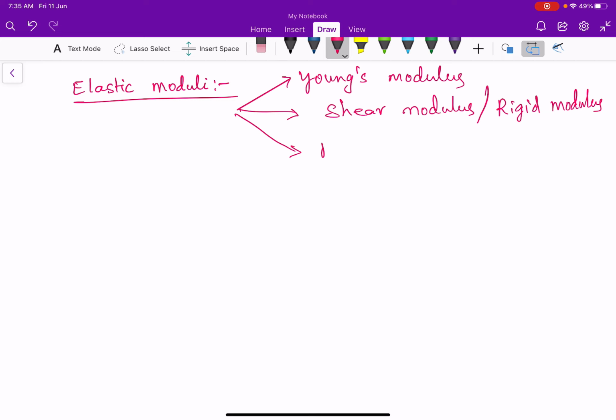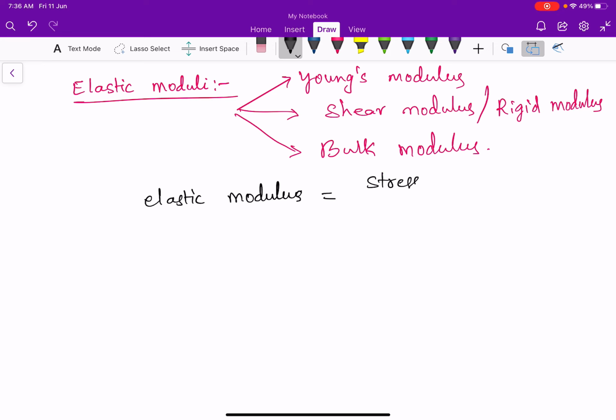And the final one is bulk modulus. The other day we discussed that the elastic modulus is defined as the ratio of stress and strain.